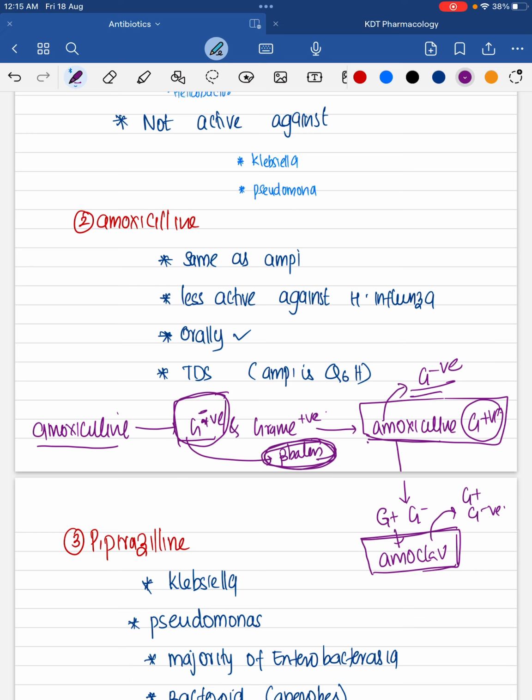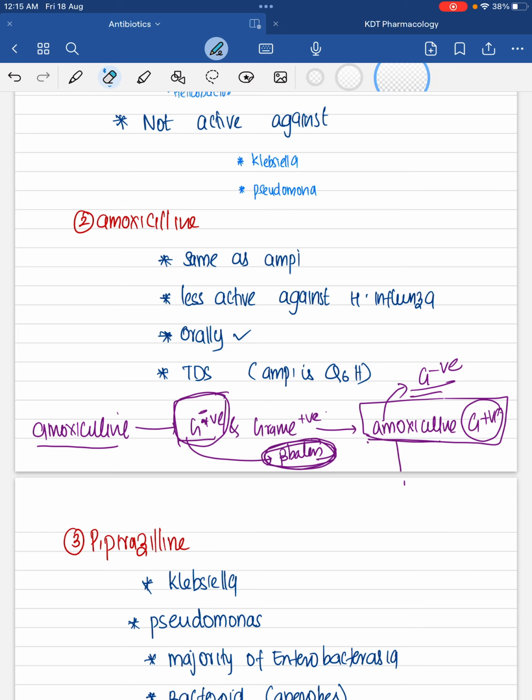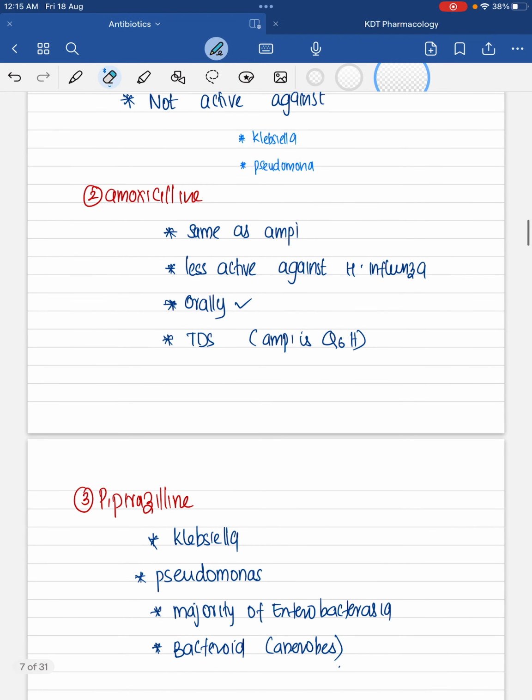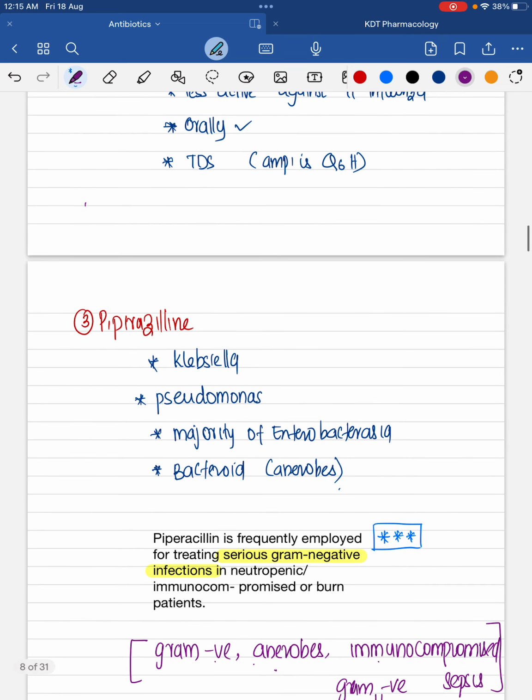This much clear? That is the mechanism, that is the importance of adding a beta lactamase inhibitor to amoxicillin. How it helps in clinical practice, I will explain in the coming sessions.